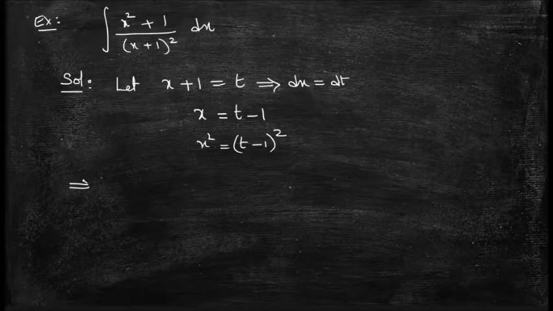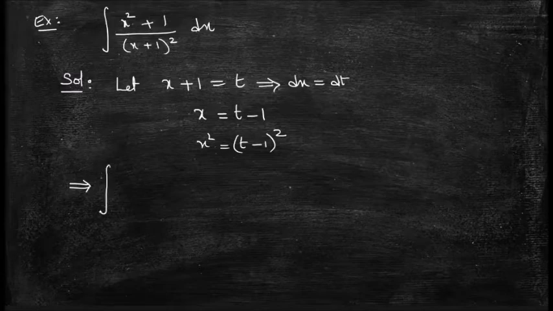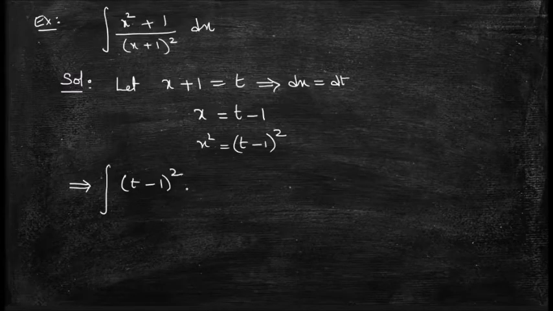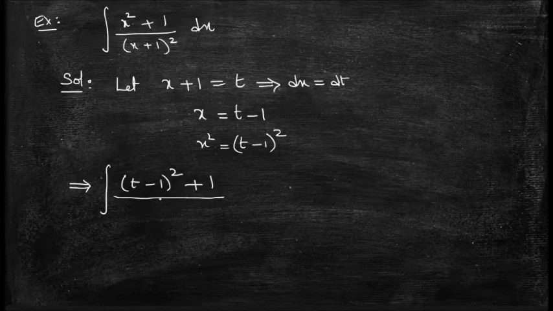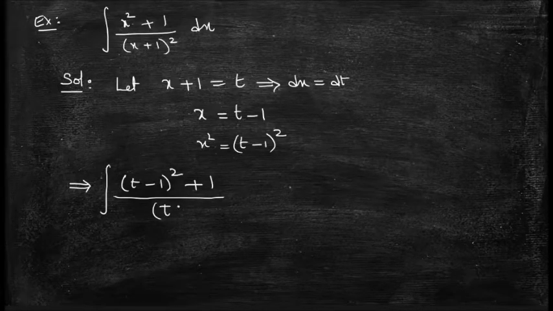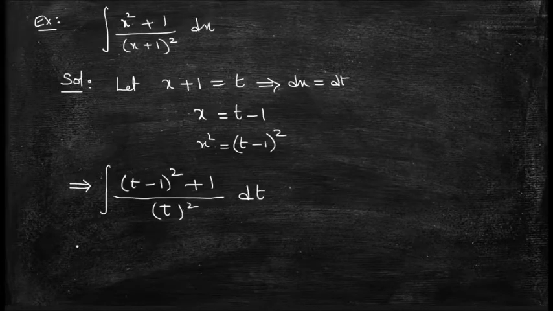Now what will the problem be? It becomes integration of t minus 1 whole square plus 1 by t square, since we supposed x plus 1 as t, and dx is dt.